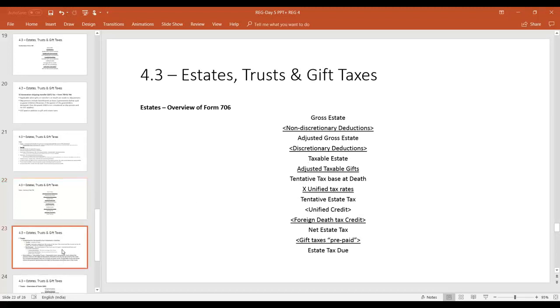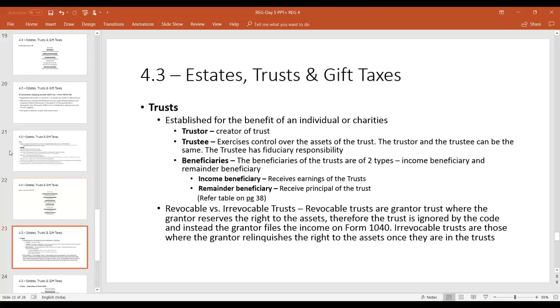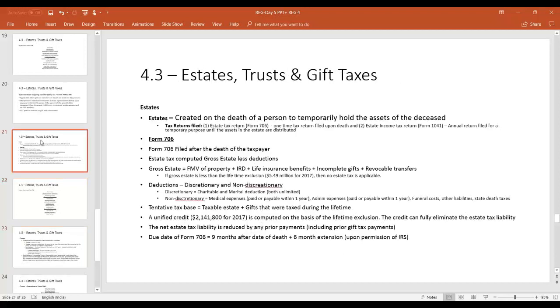Now, there are also some gifts that you may make at the time of death, that could be part of the will as well, or gifts that were taxed during the lifetime, right? So all of these are accumulated. Remember, this is a unified credit, right? So you look at your current taxable estate and also the prior gifts that you made and come up with a unified rate.